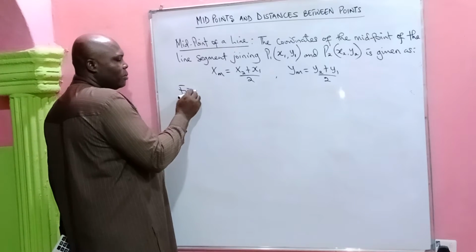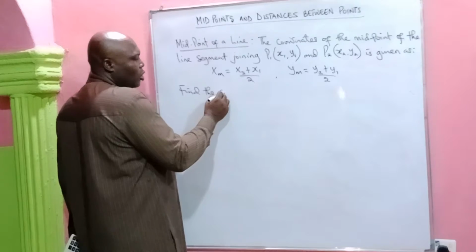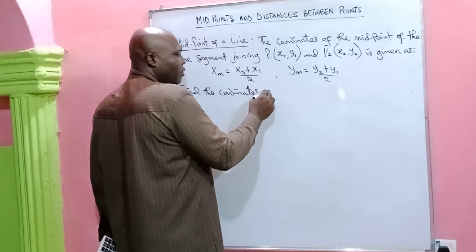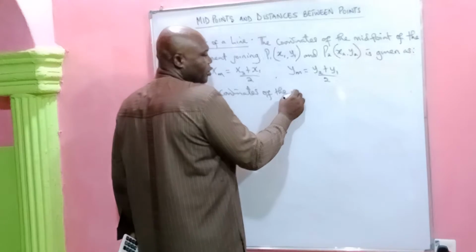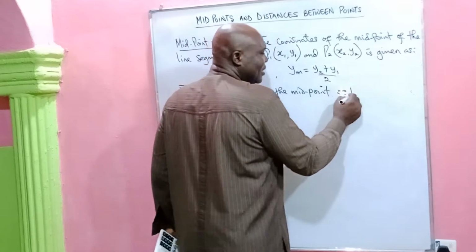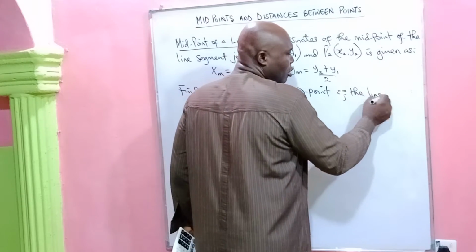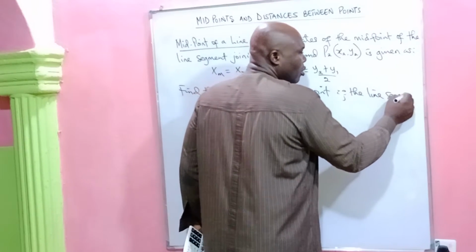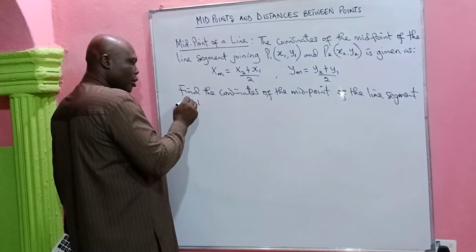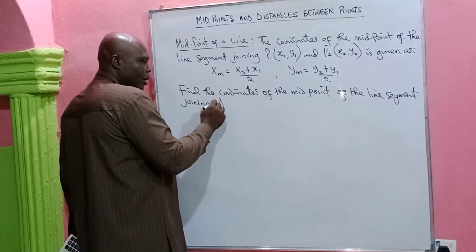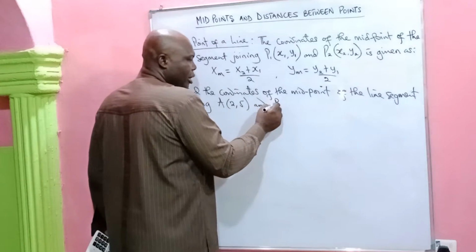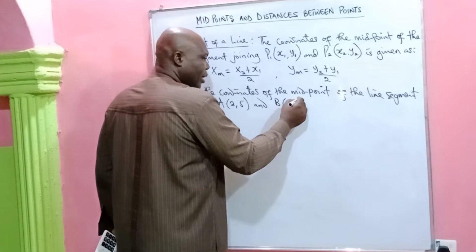All right, so let's take an example. The example might come this way. Find the coordinates of the midpoint of the line segment joining, let's say, A (2, 5) and B (minus 1, 3).